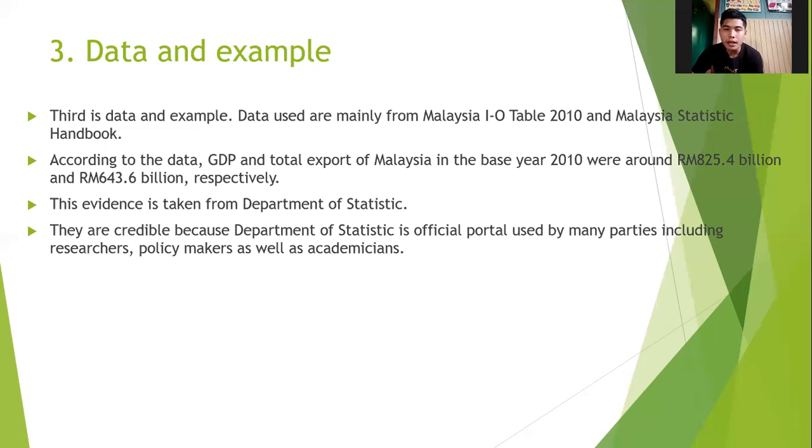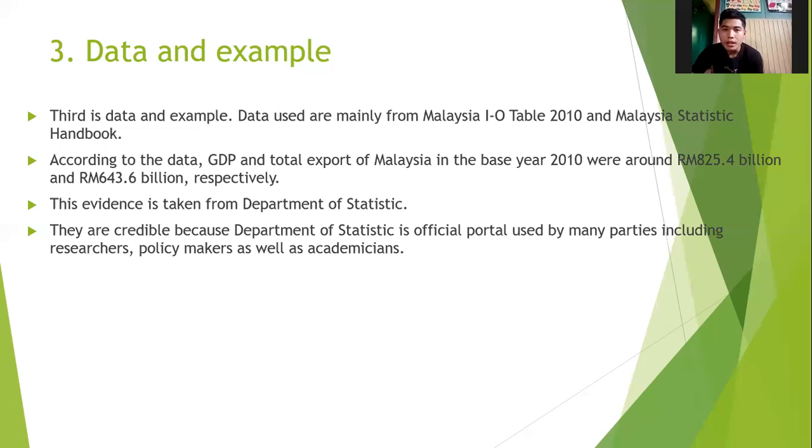Third is data and example. Data used are mainly from the Malaysia Input-Output Table 2010 and the Malaysia Statistics Handbook. According to the data, GDP and total export of Malaysia in the base year 2010 were around ringgit Malaysia 825.8 and ringgit Malaysia 643.6 billion.